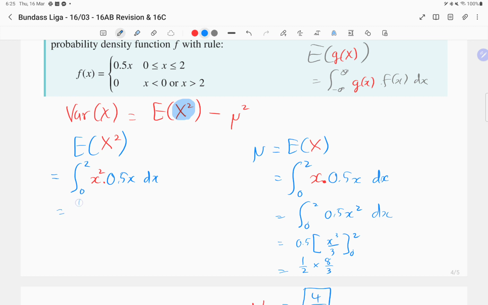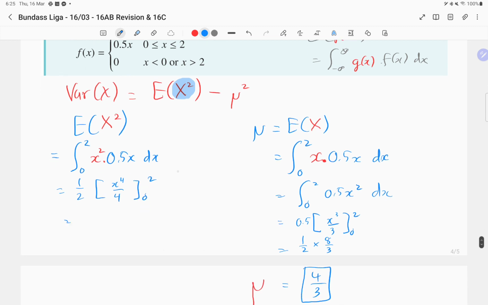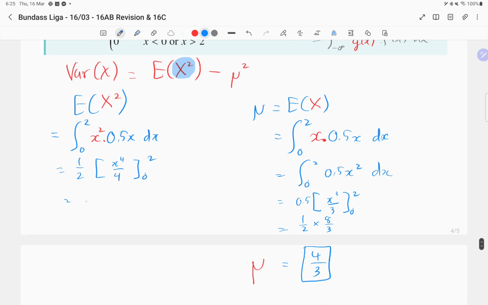Bring out the 0.5, that's 1 over 2, and then antiderive x cubed would be x to the power 4 over 4, from 0 to 2. Sub 2 minus sub 0, sub 0 is 0, so sub 2 would be 16 over 4, which is 4, and 4 times 1 over 2 is 2. So E of x squared is 2.